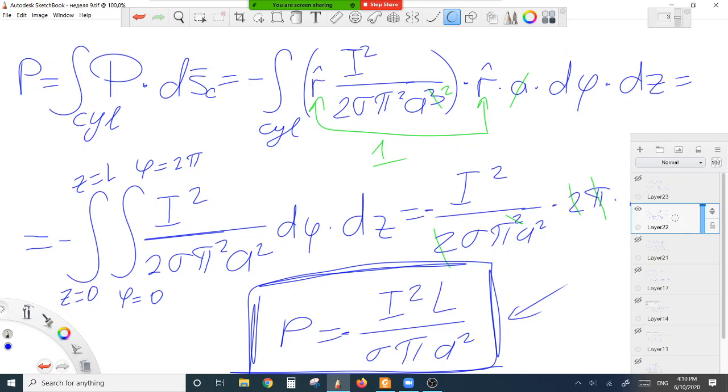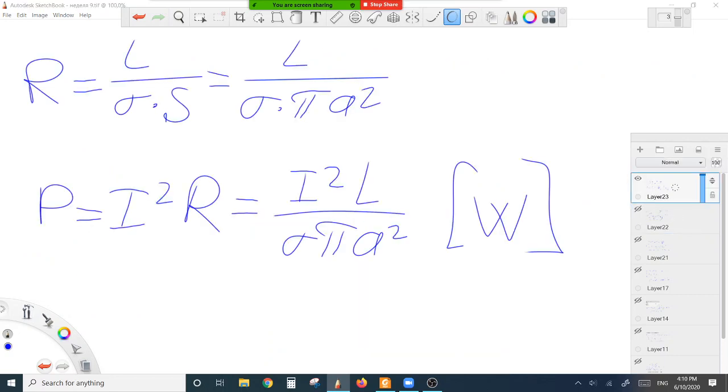Okay, and it demonstrates that the dissipated power in the conductor due to the resistance can be obtained through the power penetrating into the conductor by electromagnetic fields.